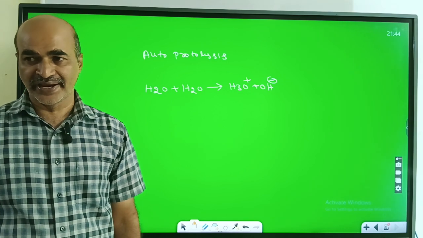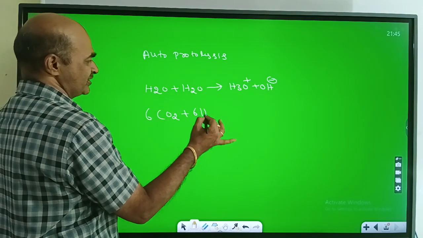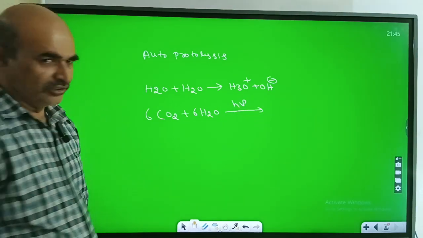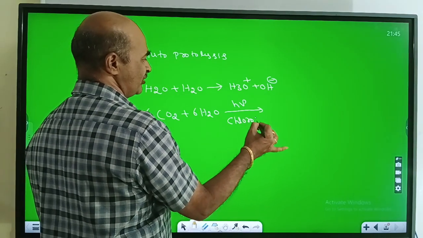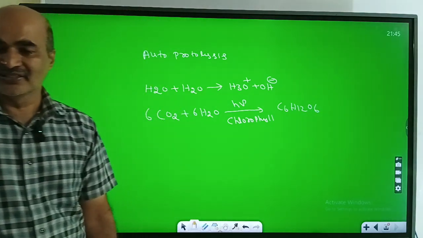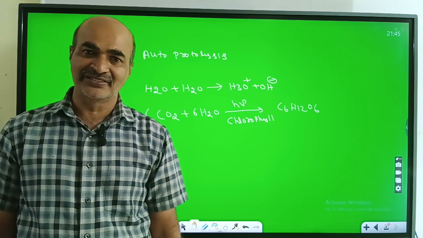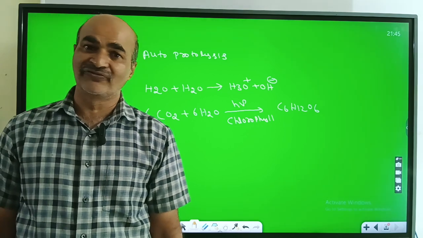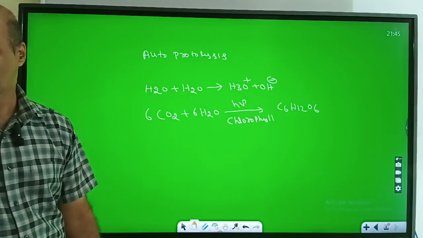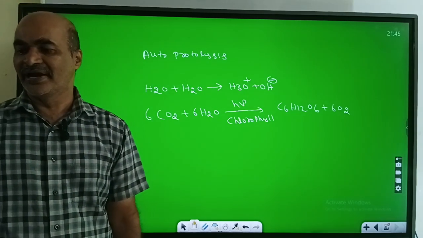In the presence of sunlight and chlorophyll, 6CO2 plus 6H2O gives glucose, C6H12O6, plus 6O2. This reaction takes place in plants.